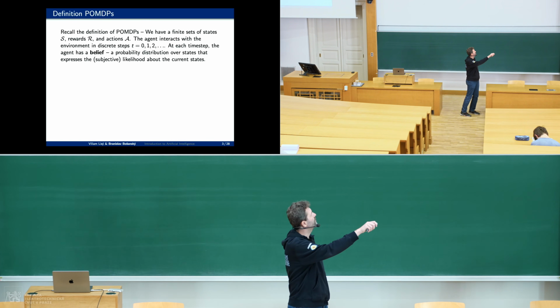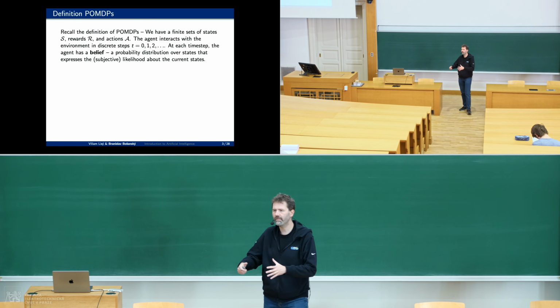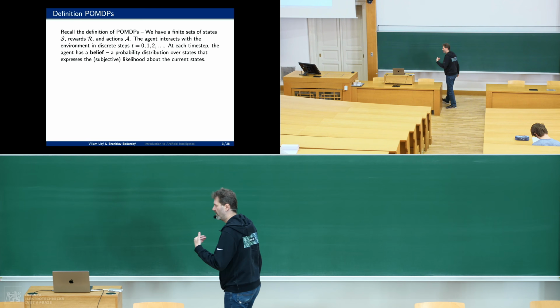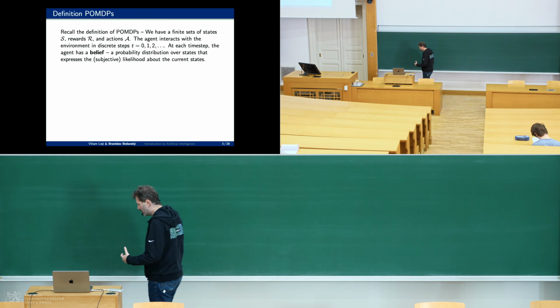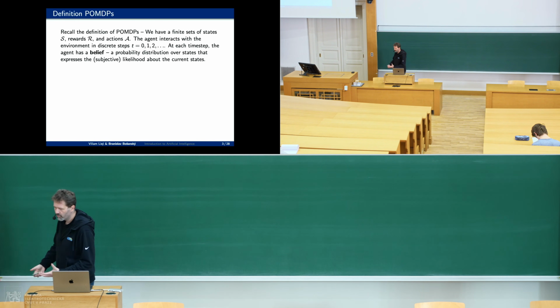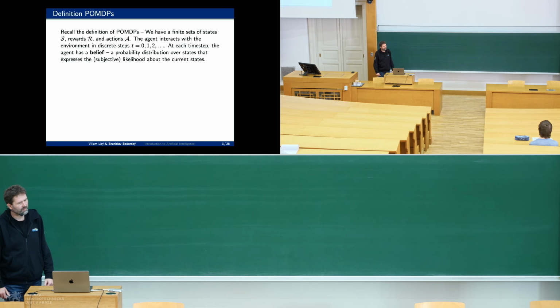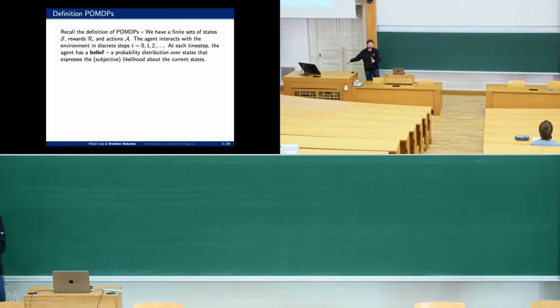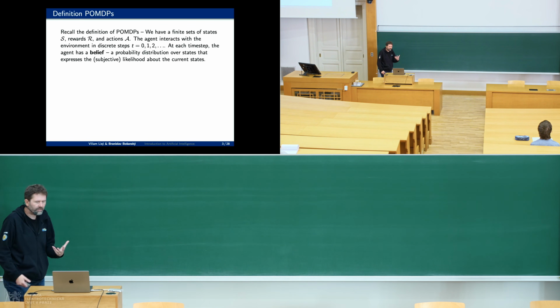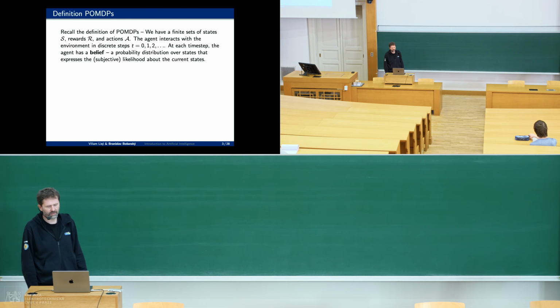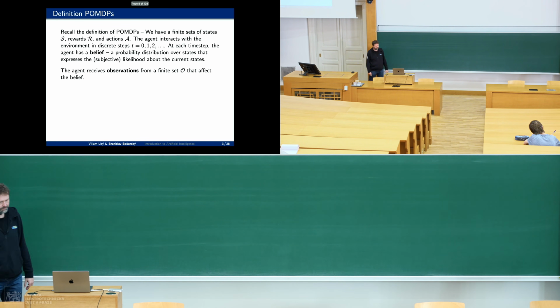What is different is that, in POMDPs, the agent cannot perfectly observe the state of the world, and the agent has only a belief, which is a probability distribution over states, right? So the agent only has some subjective perspective of what the possible states are and with what probability the agent can be in some of these states.